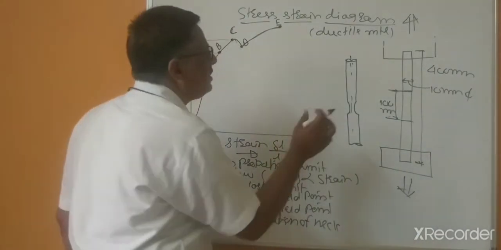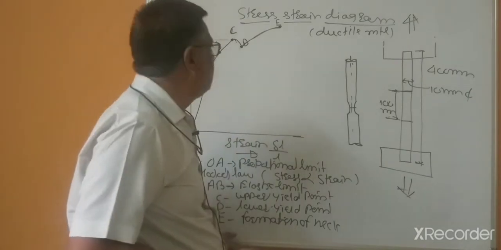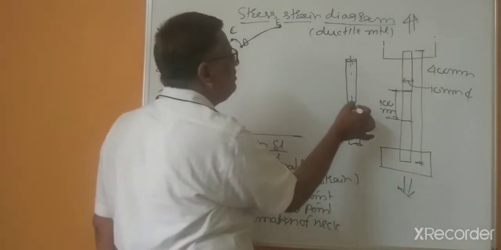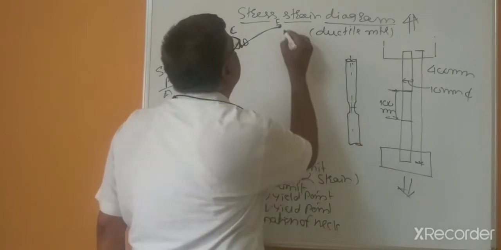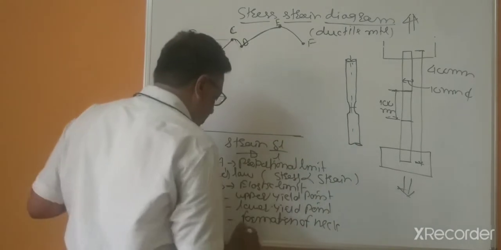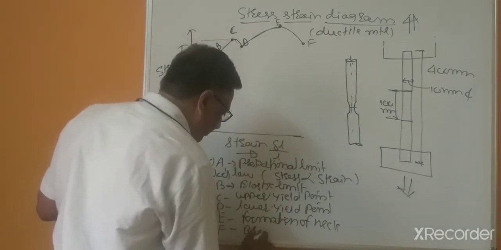And this area is decreasing at point E. Further, if we are increasing the loads, what happens is breaking up of this, and you will get this point, the F point. So the F point is called the breaking point.